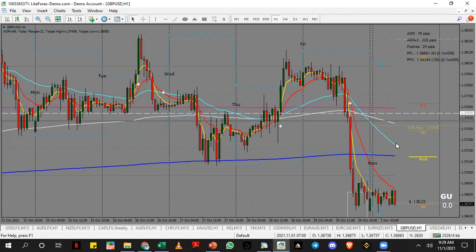So we have these 2 areas to look at. So if price reaches here, we first look for a pattern. If it does not occur, then our next target should be the quarter. Okay.